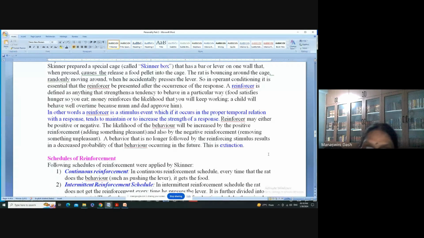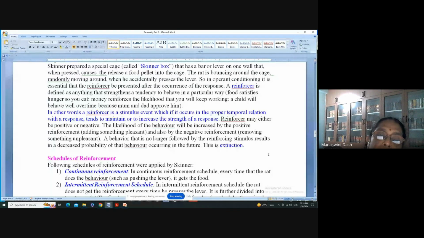If you don't wear the helmet, you will be fined. So, in order to avoid the fine, you wear the helmet. So the fine, if removed, strengthens the habit of wearing the helmet. So the fine here is a negative reinforcement. Understood? Yes, ma'am.